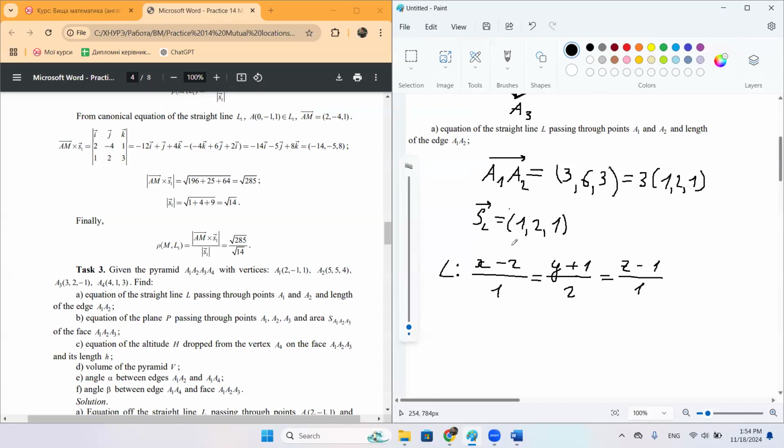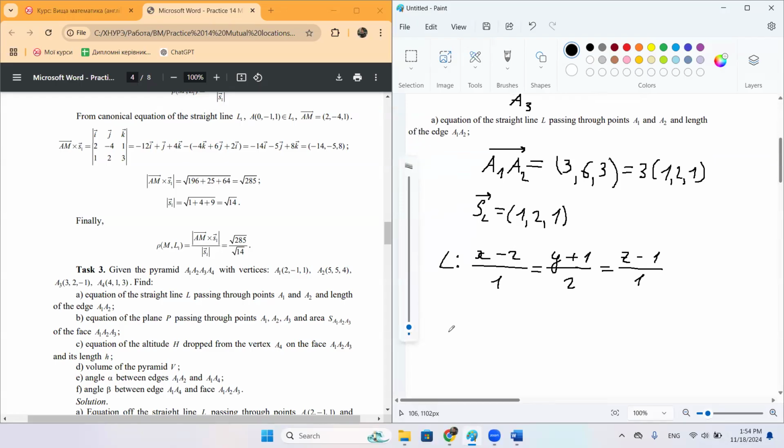We need to square all coordinates, put them to the power 2, add them, and take the square root. Well, basically, we need to find the magnitude of this vector. So, generally speaking, yes, it was the correct answer.